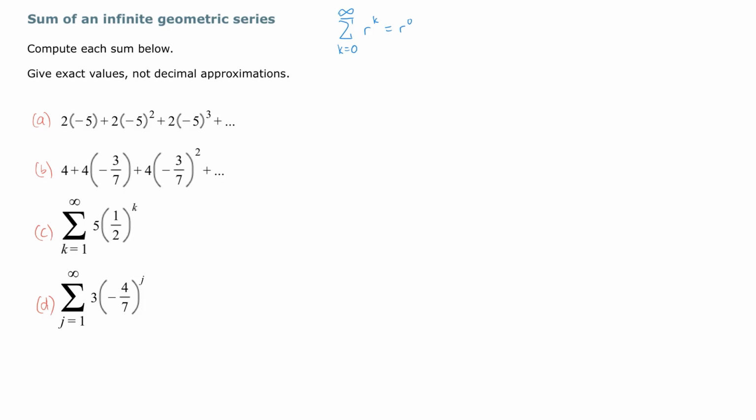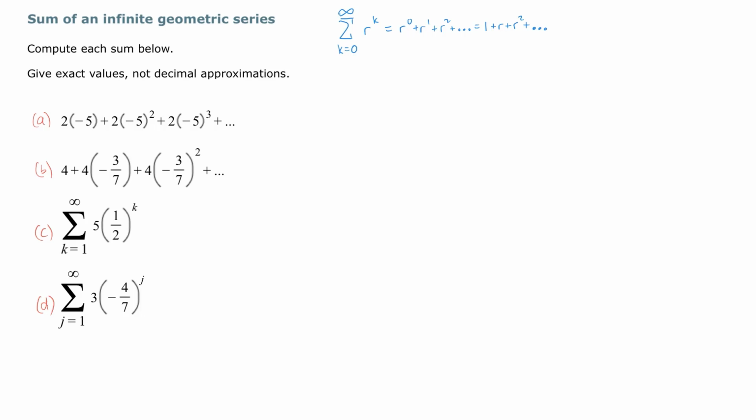This really just says r to the 0 plus r to the first power plus r squared plus dot dot dot. If you simplify that, the first term is always going to be 1, plus r, plus r squared, plus three dots.